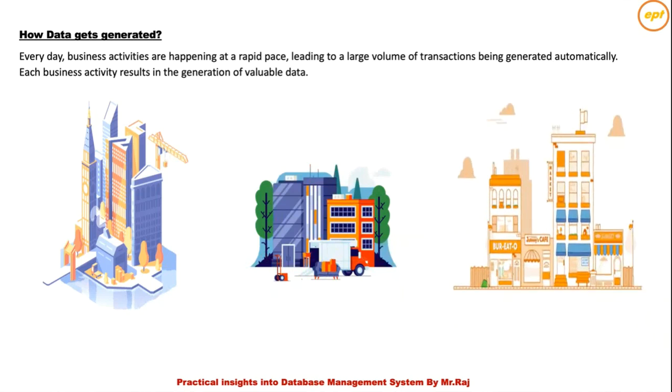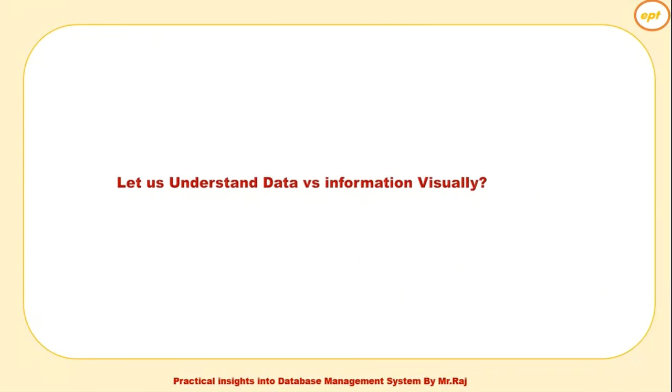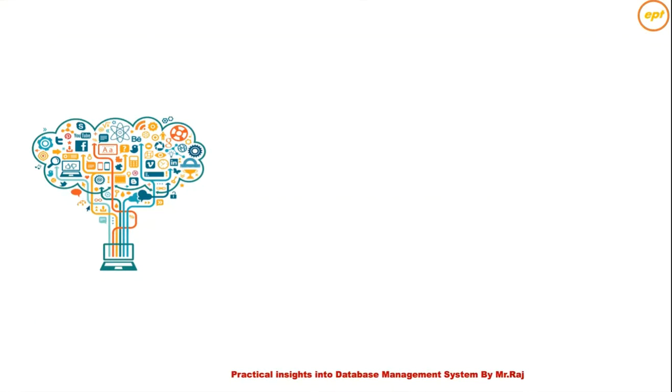All right, we'll move ahead and understand a few things. Let us understand data and information visually. Same thing again, I am just trying to revise in a visual format. Try to see here. Because of the daily business transactions from the different sources, you are trying to collect the data, or maybe data is getting generated and you are trying to collect the data, right? Agree? Tell me.